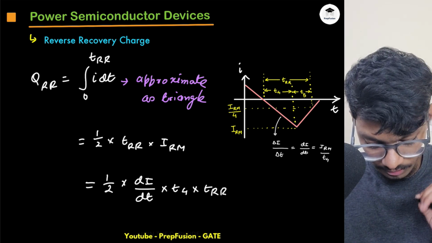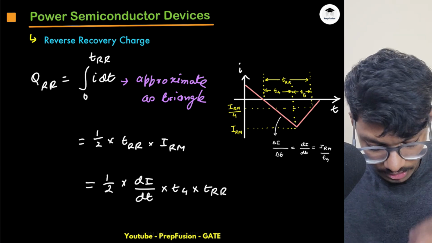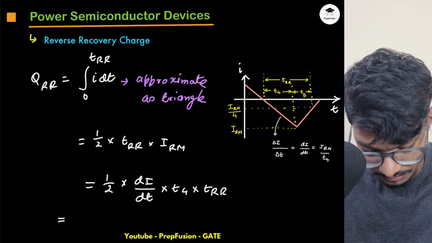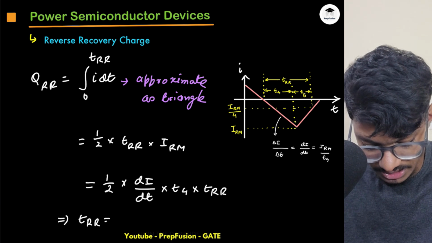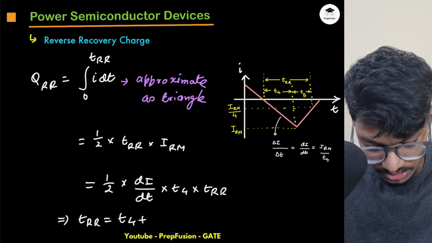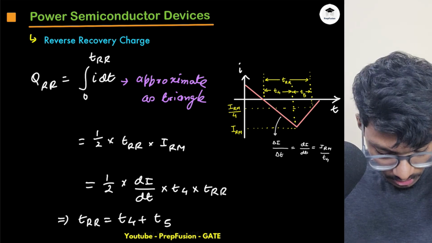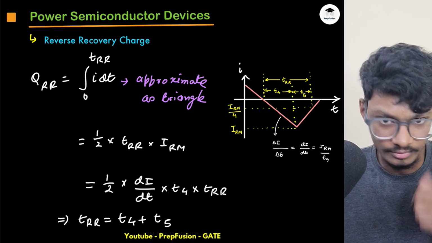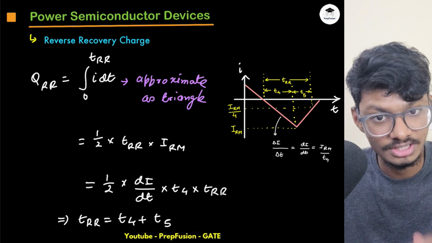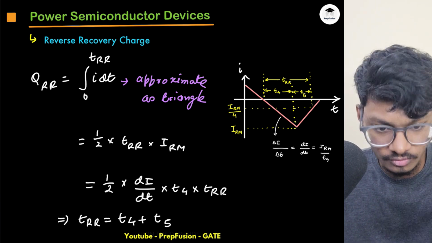So this is our formula. Now what is TRR? TRR is basically T4 plus T5. Now there is one parameter known as the softness factor. For that we have to take T4 in common.